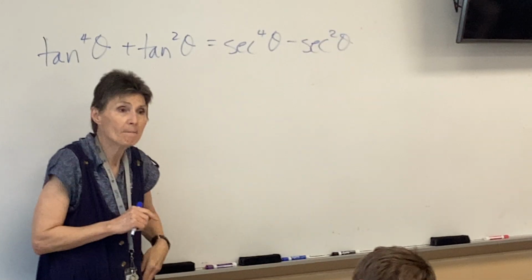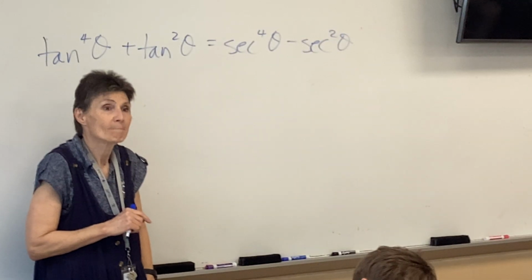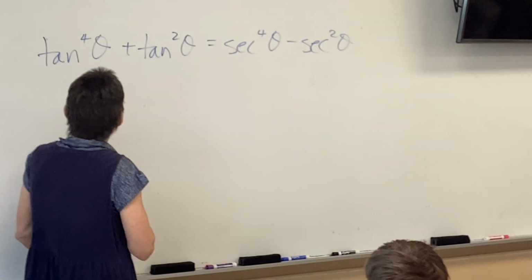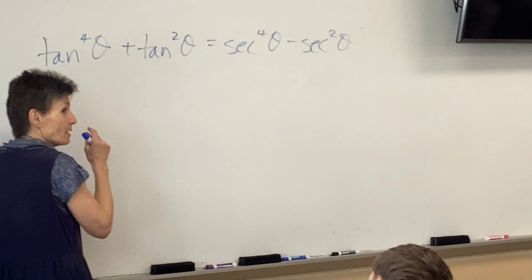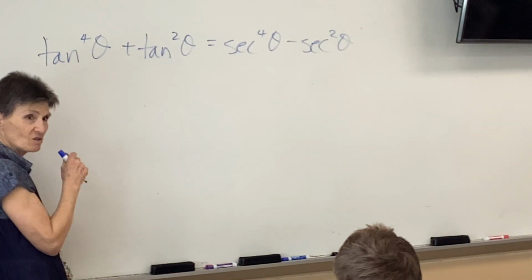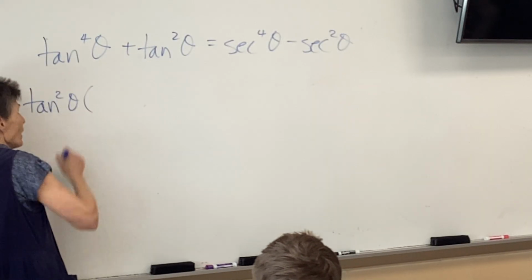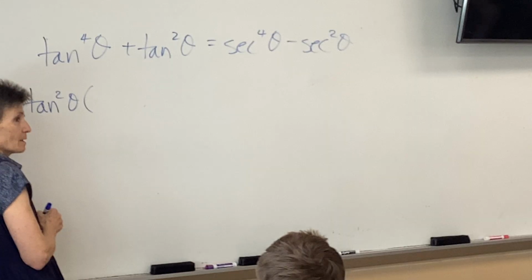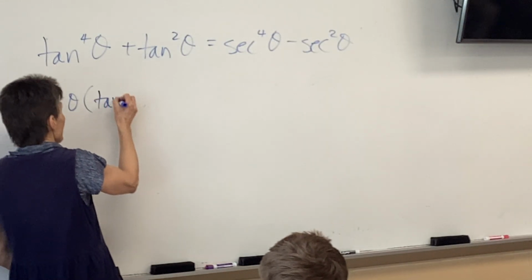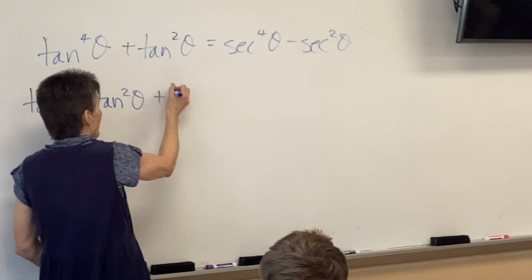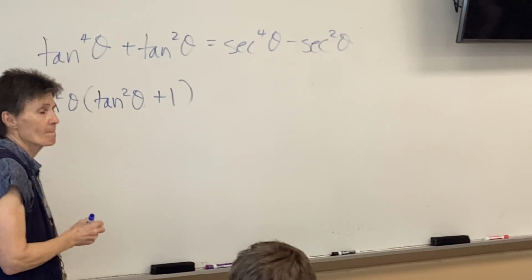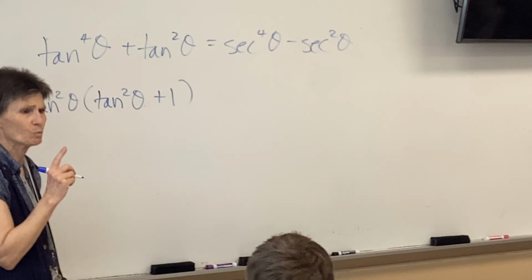Okay, idea? We factor out the tan squared. Can we factor out a tan squared? I think so. So what would we have left? If we factored out a tan squared, tan squared plus 1? Yeah. Wait, tan squared plus 1.